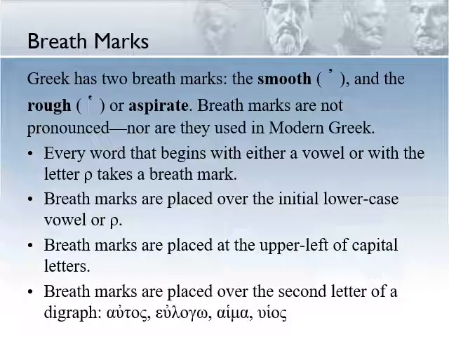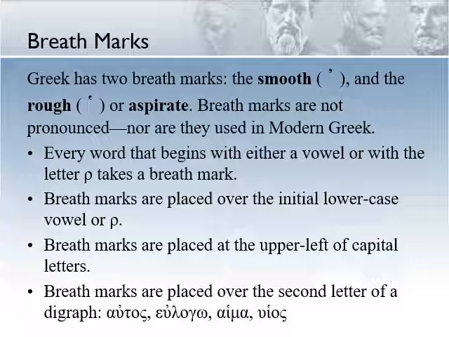Breath marks also will be used when a word begins with a digraph. Now, when you have a digraph consisting of two vowels, the breath mark will be placed over the second letter of the digraph. Notice these examples. First, aftos, beginning with alpha epsilon.